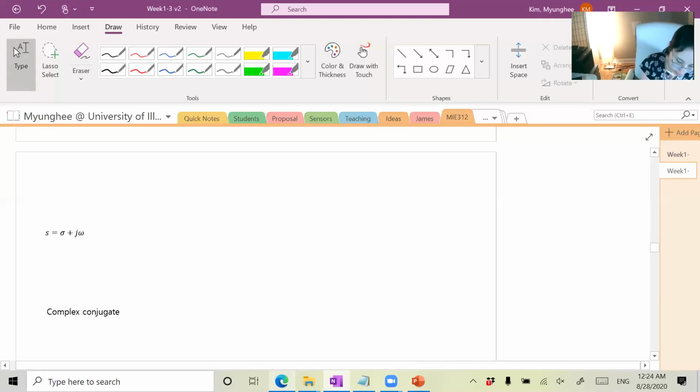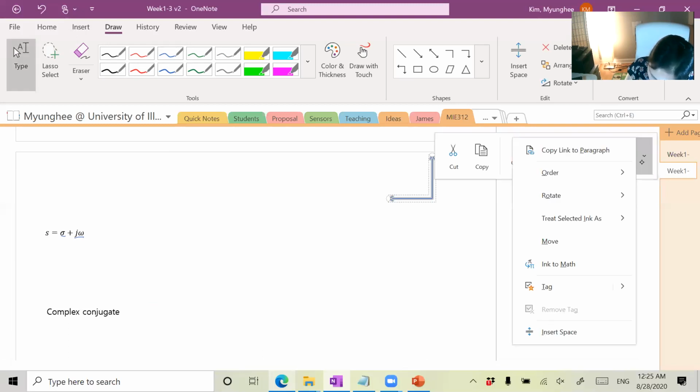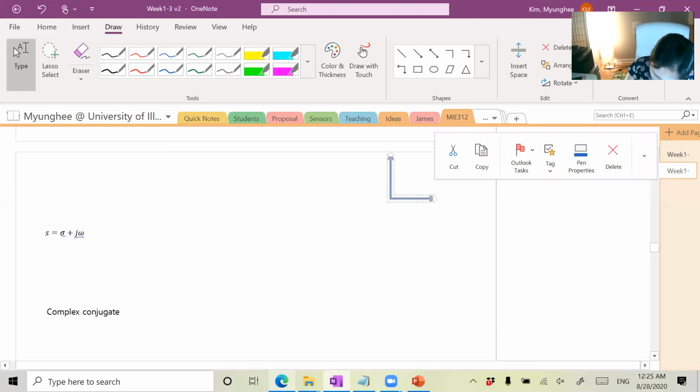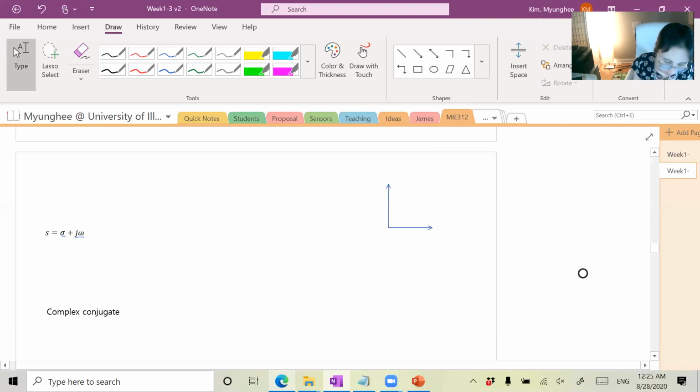So a complex number can be expressed as a real part and an imaginary part. So this is, let's say, the real part. This is the imaginary part. That means that sigma is over here and omega is over here.